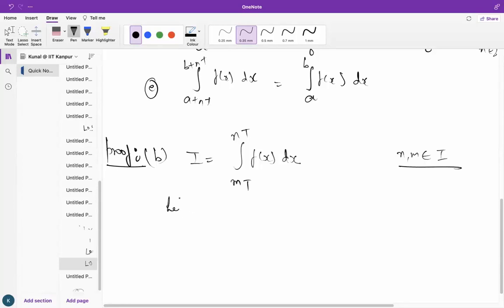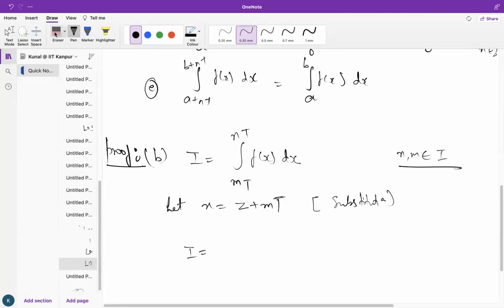So let x = z + mT. We use this substitution. So when we substitute this, what do we get?